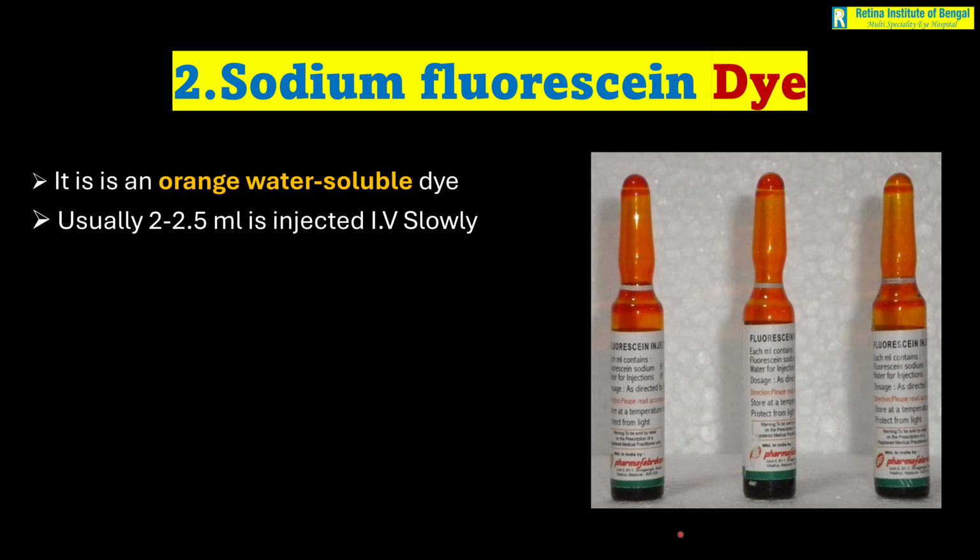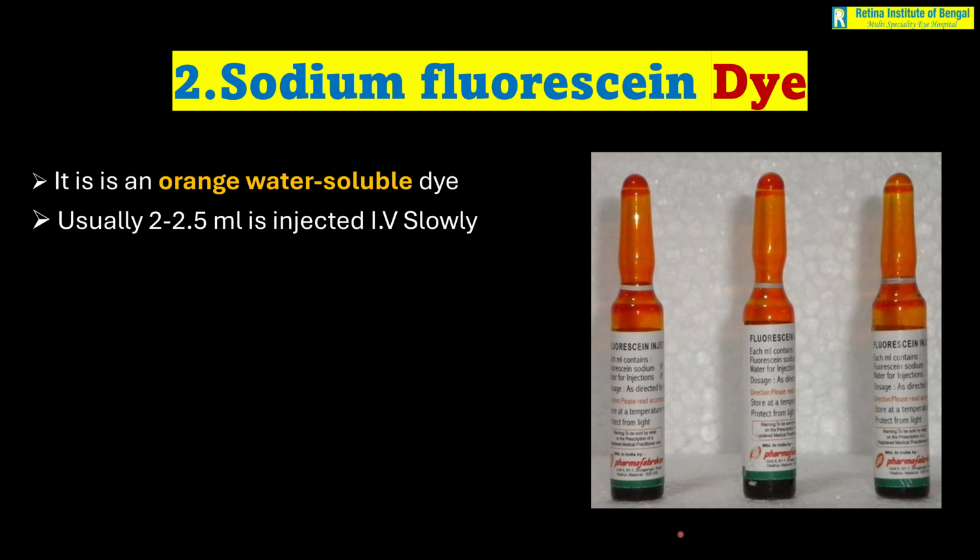One, when injecting the dye, we have to ensure that the needle with which we are injecting is inside the vein, because if the dye somehow goes outside the vein, that is, there is extravasation, then this dye can cause a severe painful reaction. So we definitely need to ensure that the needle is inside the vein and not outside.